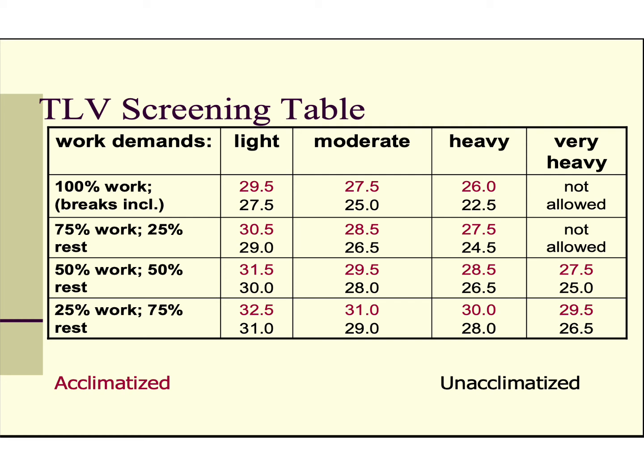Oh, I should point out that the WBGT here is assuming that the work and rest areas have the same thermal conditions. If they're different, if for example the workers rest in a cooler environment, then a time-weighted average of the work environment and the rest environment should be used to determine the WBGT to be used in the table.